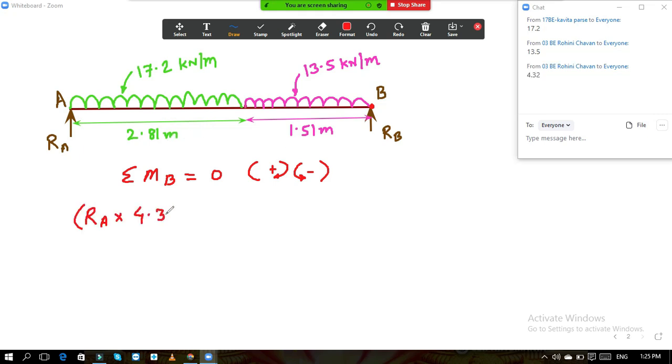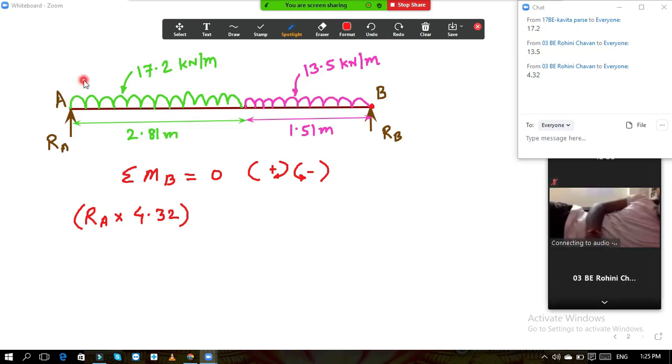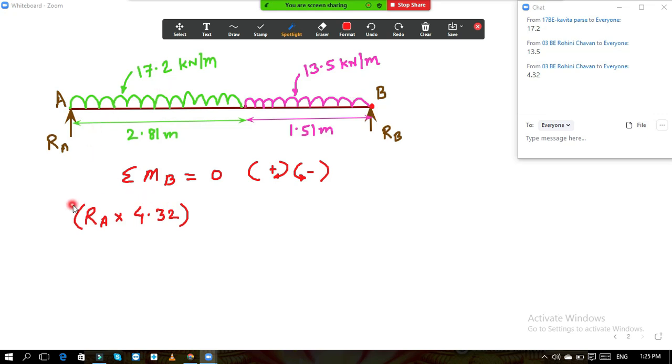So 4.32. This is the distance of RA. Then this is moving in clockwise direction. If you see, this RA is moving up. Your point B is situated over here. So if it is moving up, then it will rotate in this direction. This is the direction of rotation. So it is clockwise.